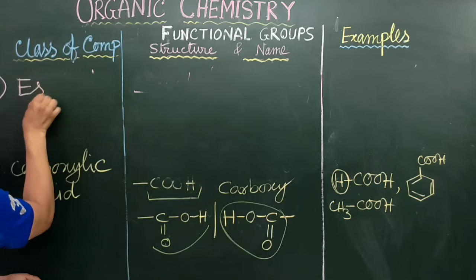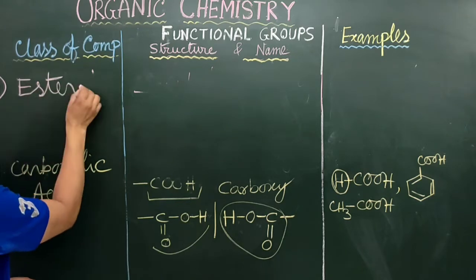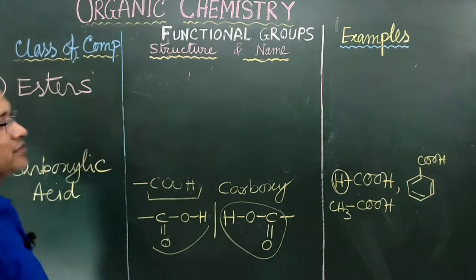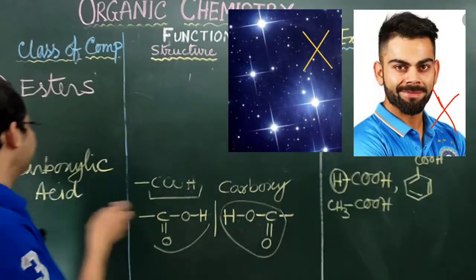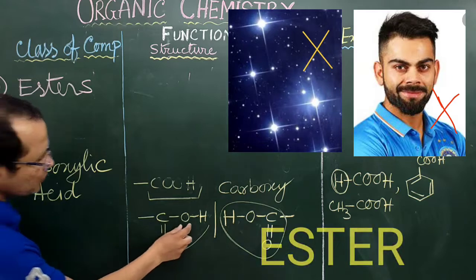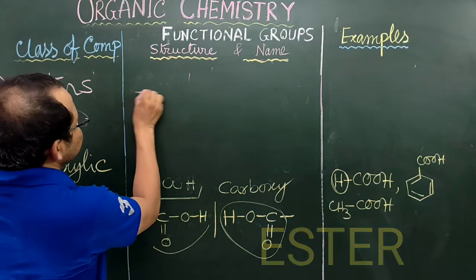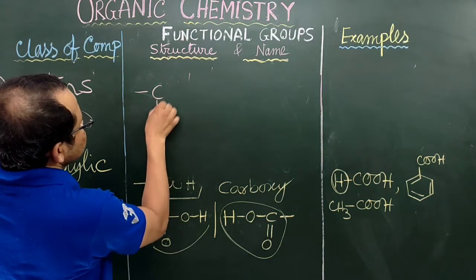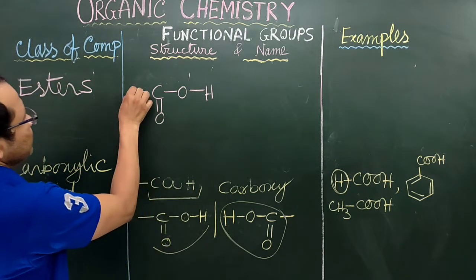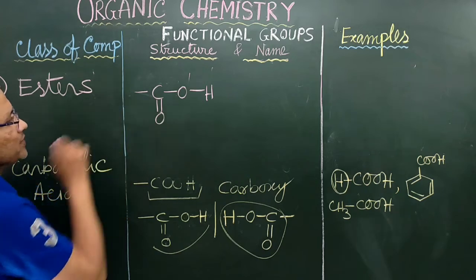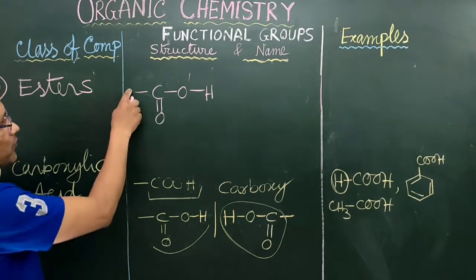Esters. Yes, not star, this is ester. Now what does an ester indicate? We know that this is the carboxylic acid group, and here it may be hydrogen or some other group also.